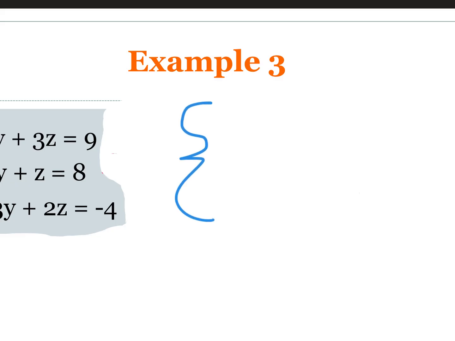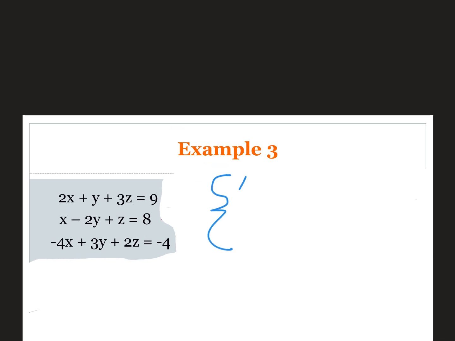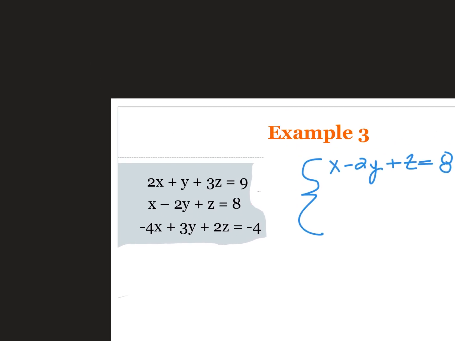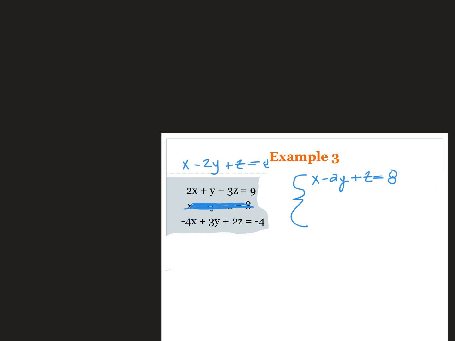I'm just going to say, okay, my first equation is going to be x minus 2y plus z equals what? 8. If you want to go over here and write it so it's moved on this as well, you're welcome to. All right, so I got my first equation, positive 1x.